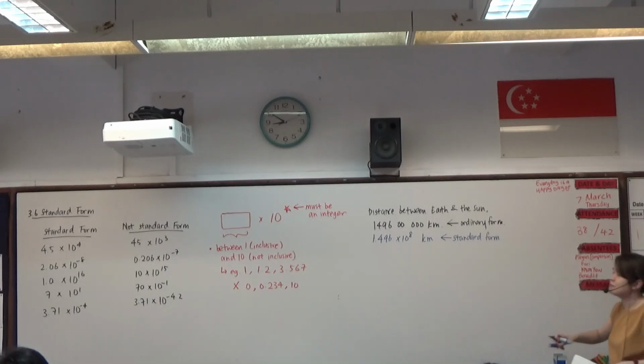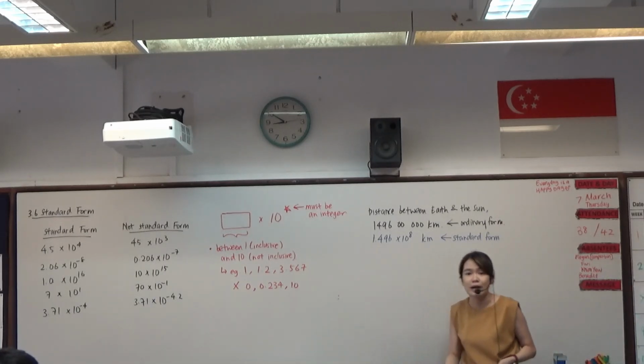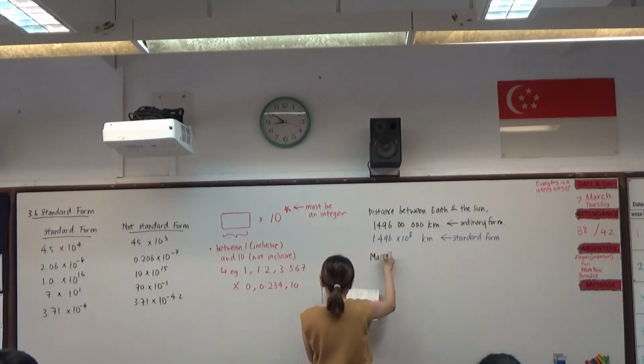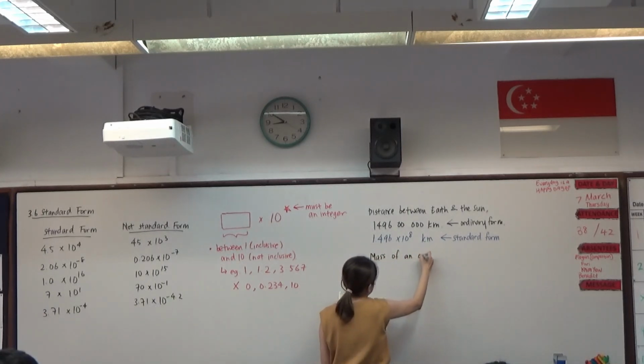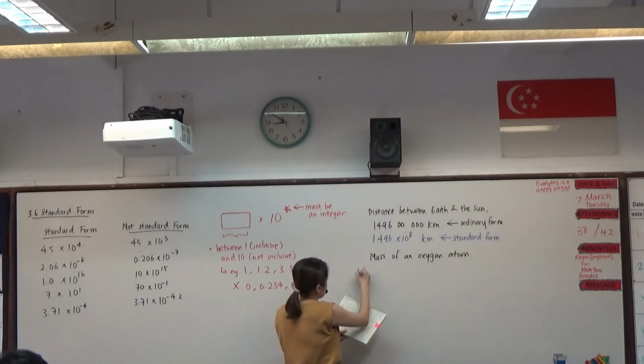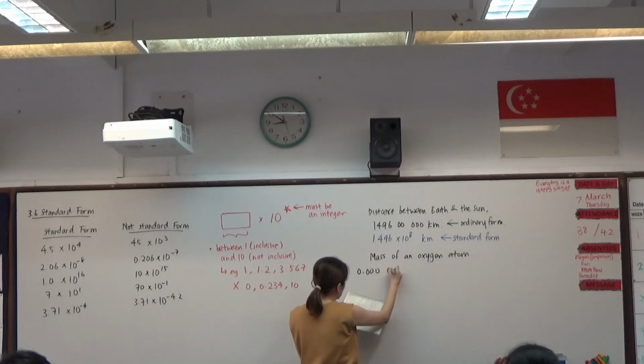You may find that this number still seems manageable for us to write out in ordinary form, but what if you want to consider the mass of an oxygen atom? You will lose track of the number of zeros.